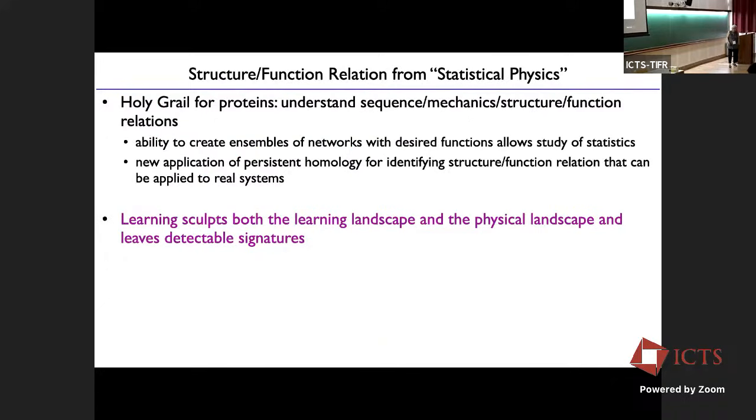Those low conductance barriers are where information is being fed into the system, right? Remember, I didn't say this last time, but I want to make the point that this is an active system. At each step of learning, the physical landscape relaxes to the minimum, right? The energy wants to relax to the minimum.